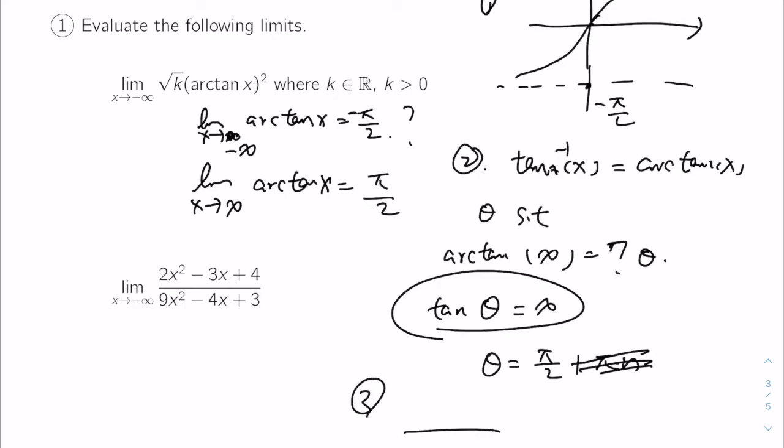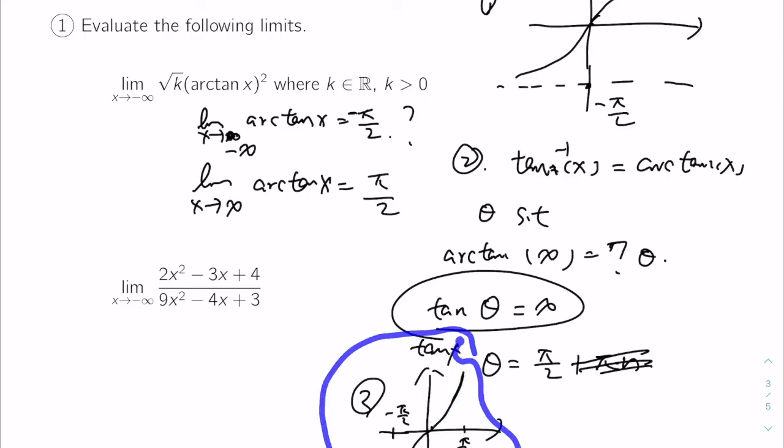The third one, we know that this is the function graph of tangent of x, with negative pi over 2 and positive pi over 2. So in the corresponding fixed domain, when x approaches infinity, from this function graph you can see for the inverse function arctangent of x, this is looking for the value of theta, which is pi over 2, because when theta is pi over 2, the corresponding function value tangent of x is infinity.